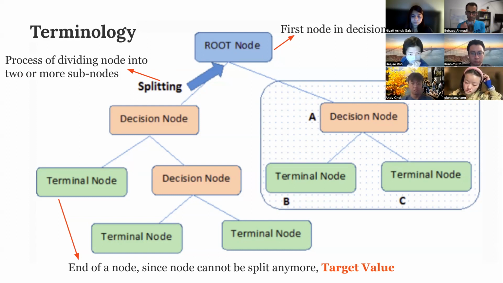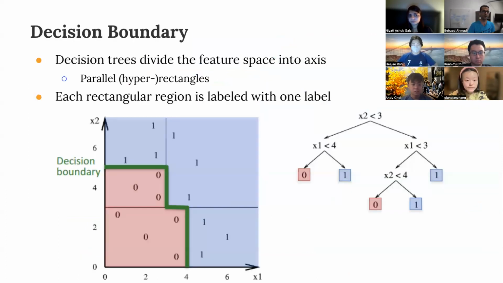Any questions? So let's say you have two variables, features, x1 and x2, and you would like to create a decision tree that would split zeros from ones. You see there is this green decision boundary.